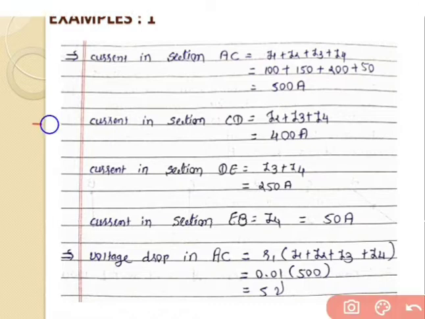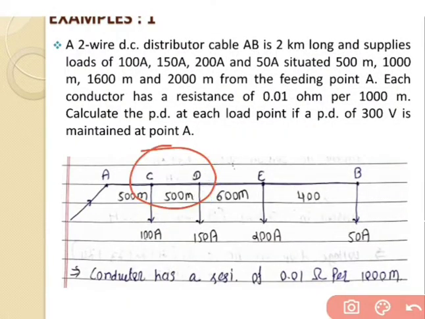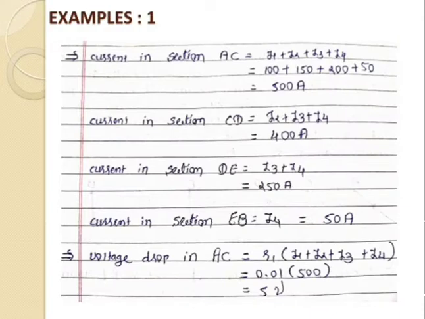Go for the next section, the current in section CD. Here the first current is cut out, so only the remaining 3 currents are considered: 150 ampere, 200 ampere and 50 ampere. So I2 plus I3 plus I4 gives the current in section CD equal to 400 ampere.